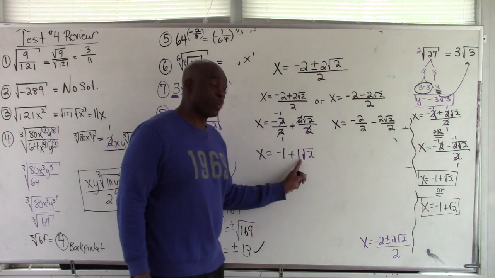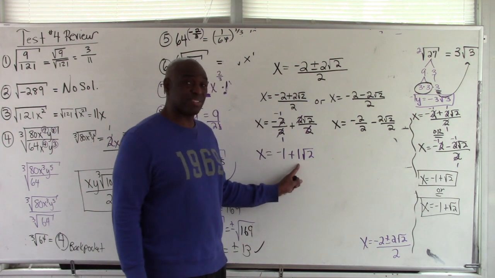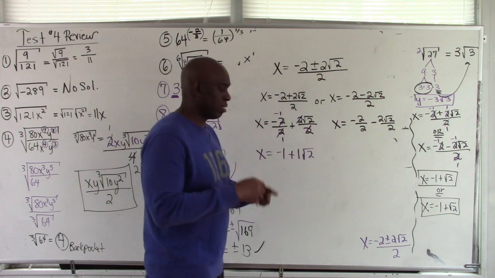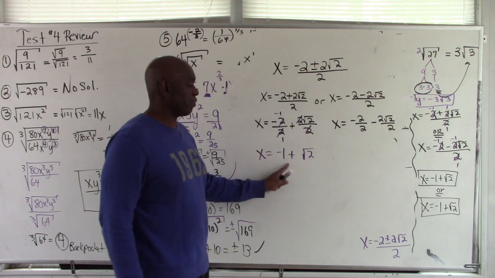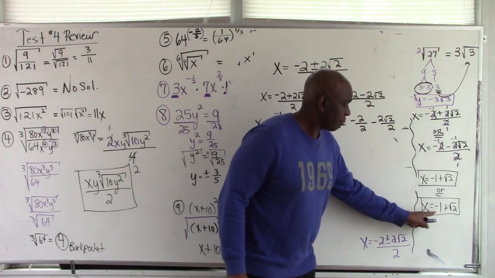But we don't write this 1 out in front of our radical as a coefficient. We know it's there by default, so we get rid of it. And that's how we get negative 1 plus root 2 right here.